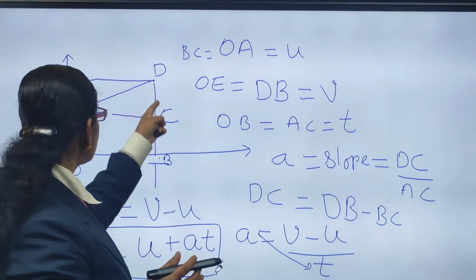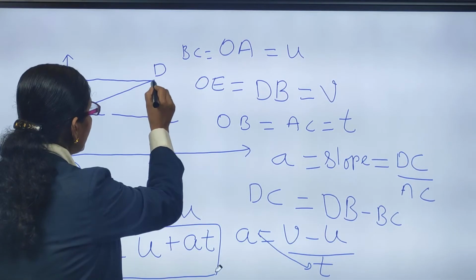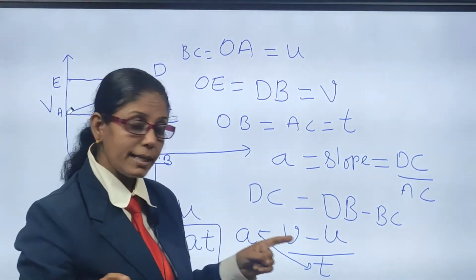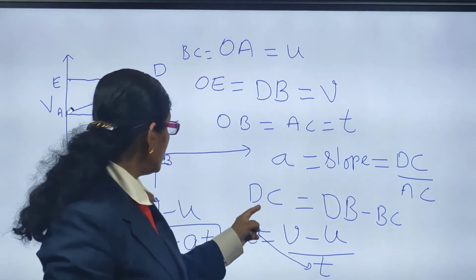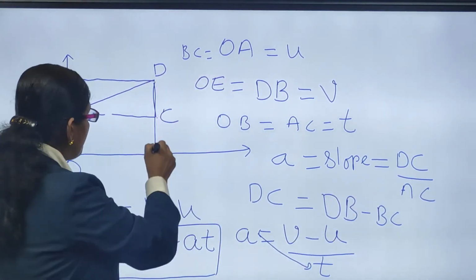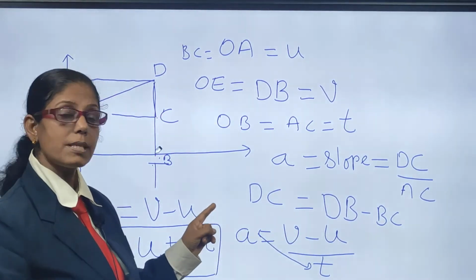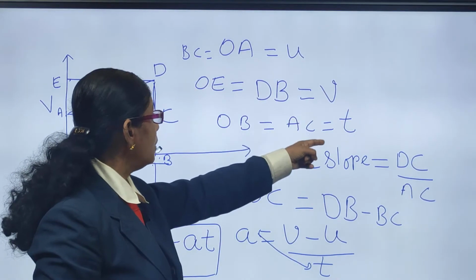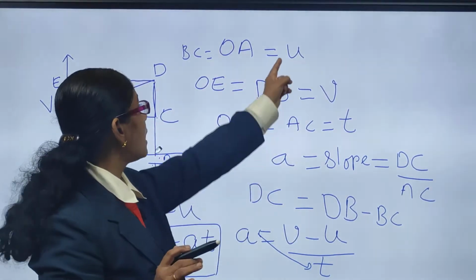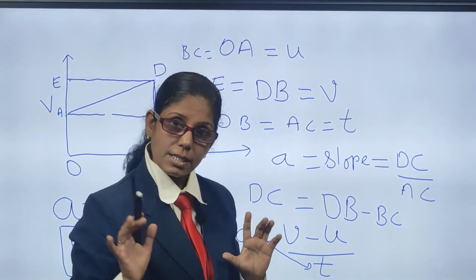Here the slope is DC upon AC, height of the right angled triangle divided by base of the right angled triangle. Then DC is equal to how much? DB minus BC. Now we are going to substitute each value, replacing DC, DB, etc. by U, V, T, etc. Is it clear?